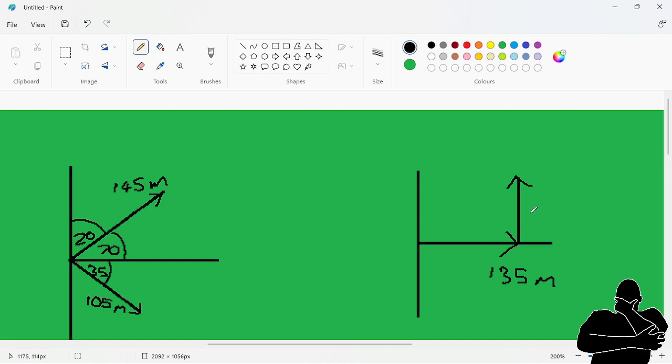Now we need to find, let me put in a number, 75.8. Now we need to find the resultant, which would basically be the line that connects the two. So it would be that.